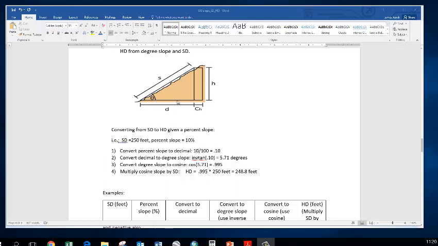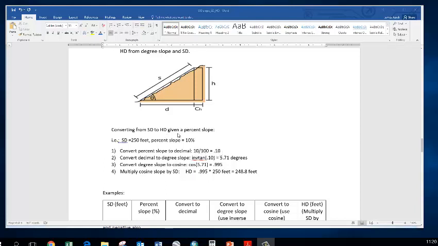Basically it's saying for every 100 feet of run, there's 10 feet of rise. That's what that 10% is saying. So the first thing you need to do is convert that percent slope to its decimal form. You've got to get it out of a percentage and back to the original 0.1, because 10 feet of rise over every 100 feet of run is that decimal right there.